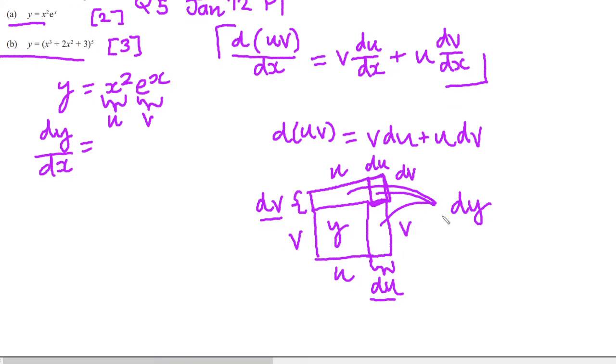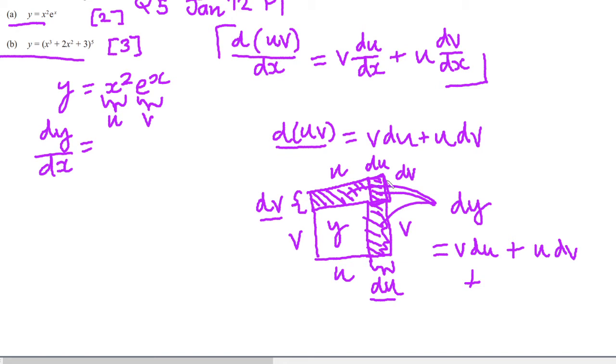So dy is equivalent to the area of this rectangle, which is v times du, plus the area of this rectangle, which is u times dv, plus the area of this small rectangle, which is du multiplied by dv.